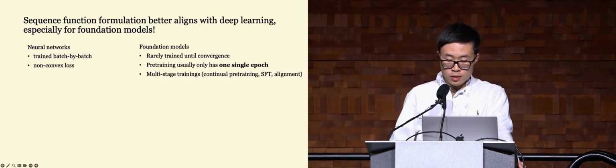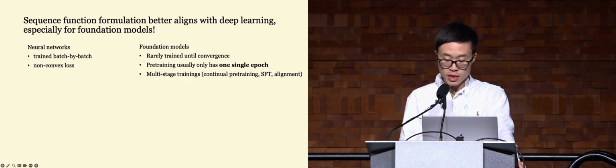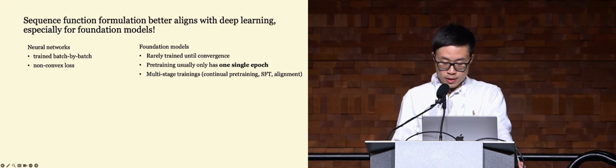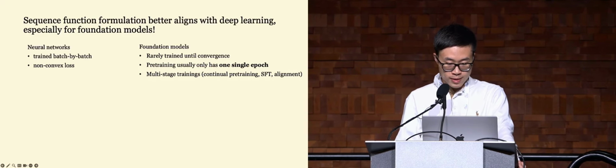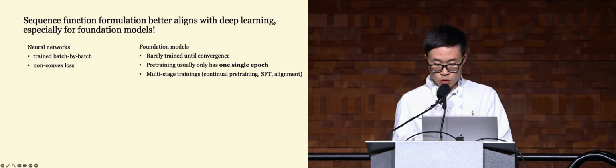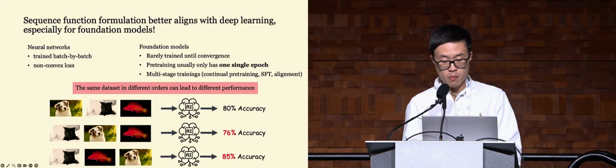Okay, so now let's consider relaxing the assumption of the utility function being order independent, and instead treat it as a sequence function. So the data selection problem is no longer aimed at selecting a data subset, but a data sequence. Neural networks are trained sequentially, batch by batch.